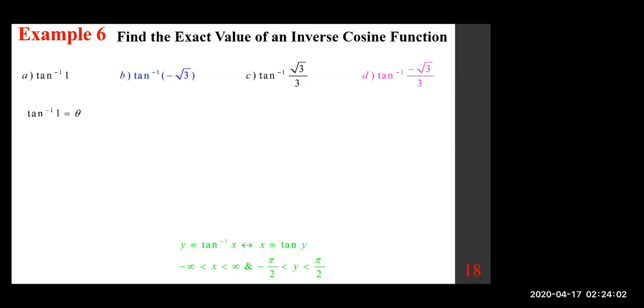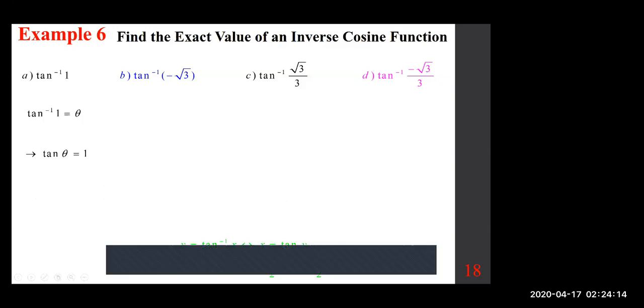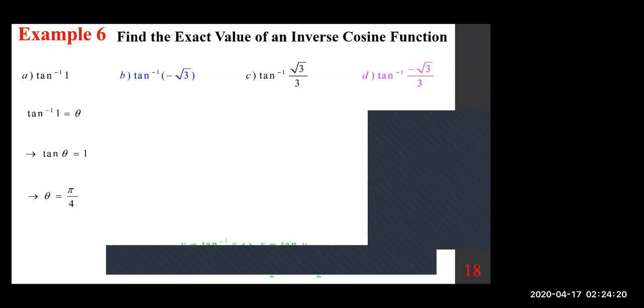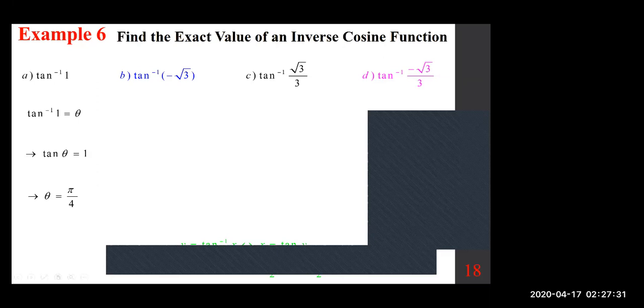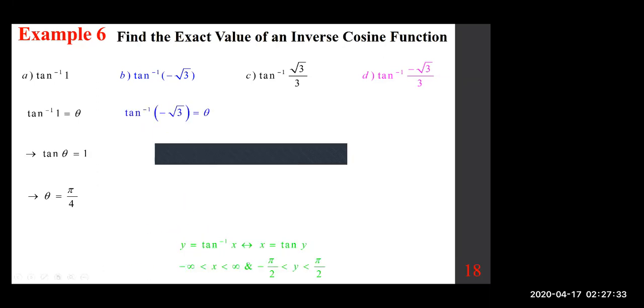By definition, tan theta is 1, so theta must be pi over 4. Now I'm going to give you a minute to figure this out on your own. It shouldn't be a big deal. All right, so what is the answer?